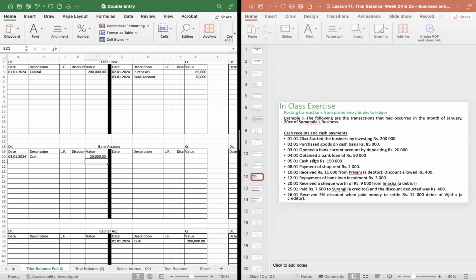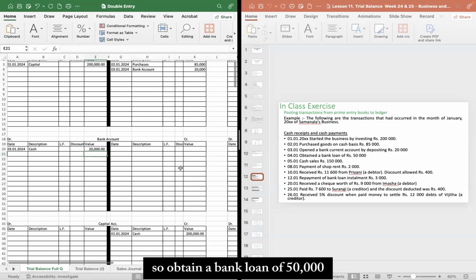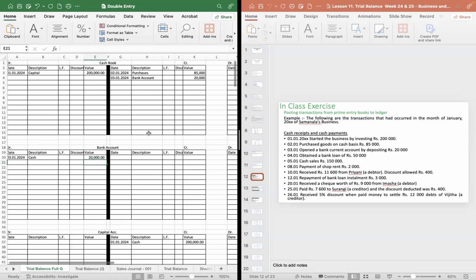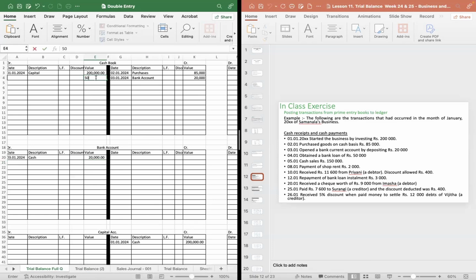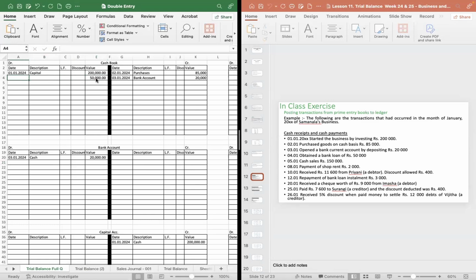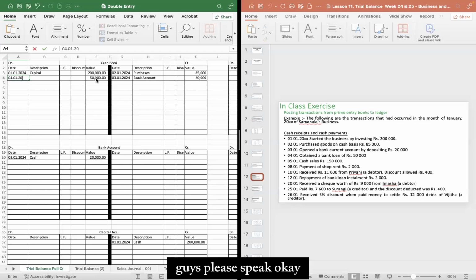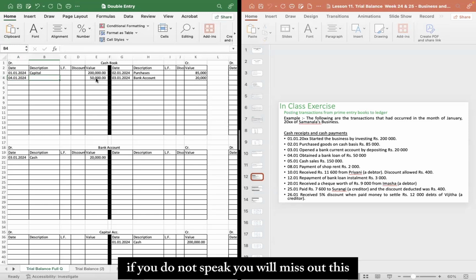So obtain a bank loan of 50,000. Your cash balance goes up by 50,000, so your asset balance is going up. Guys, please speak, otherwise you will miss out on this.